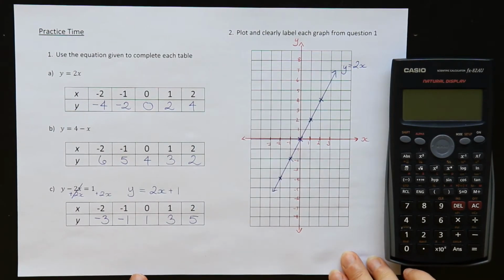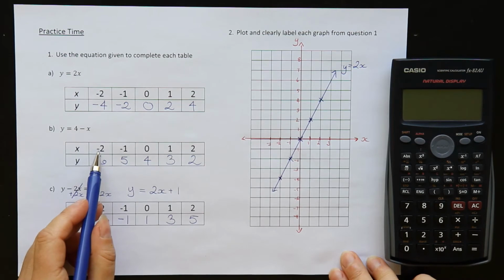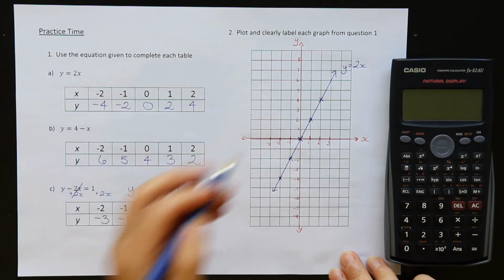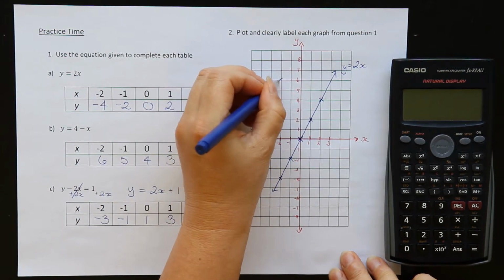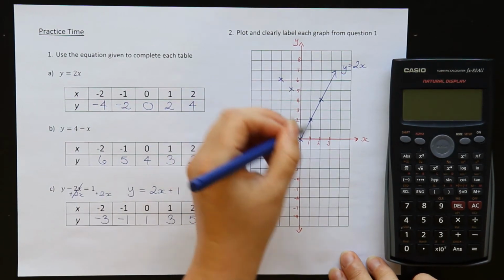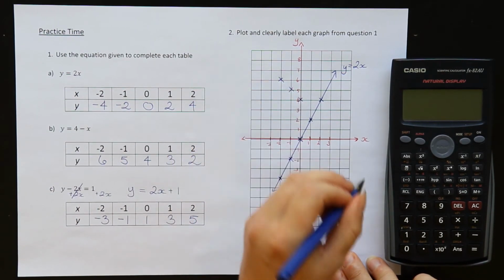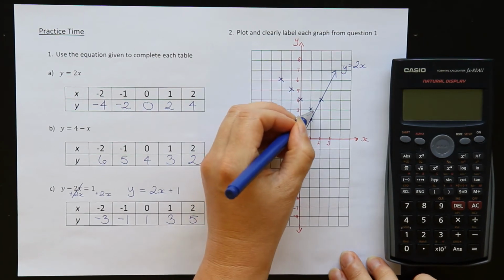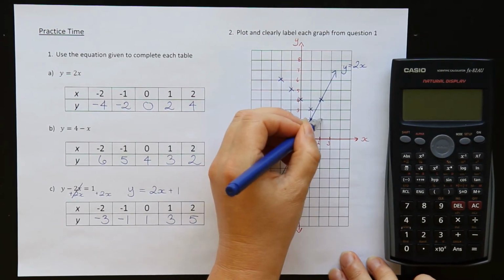There's the first graph. For b, we have negative 2, 6, negative 1, 5, 0, 4, 1, 3, and 2, 2.